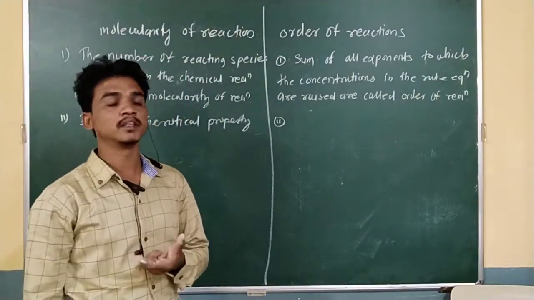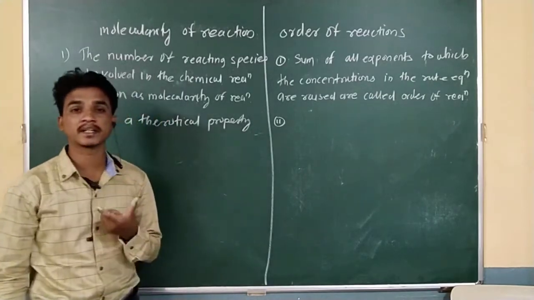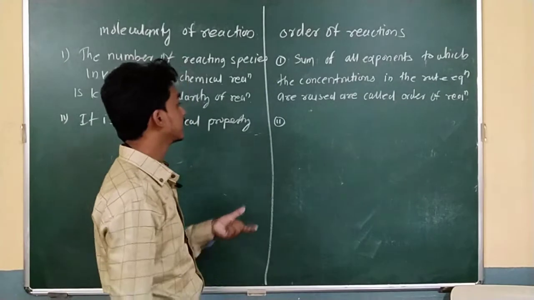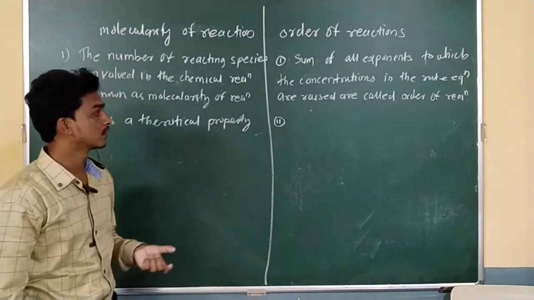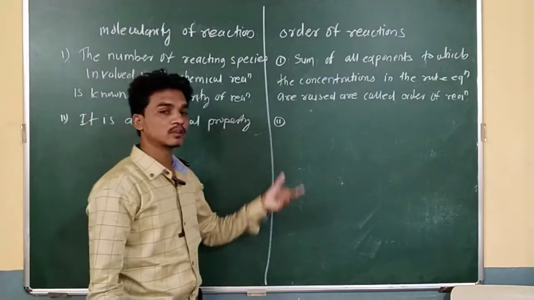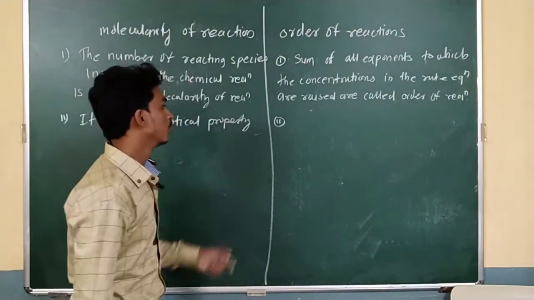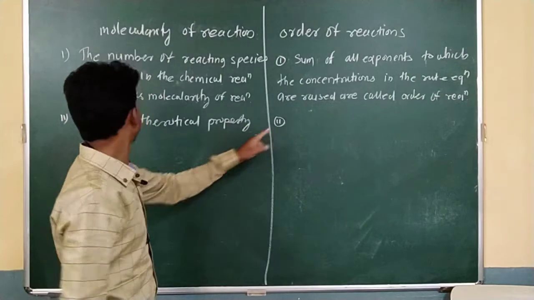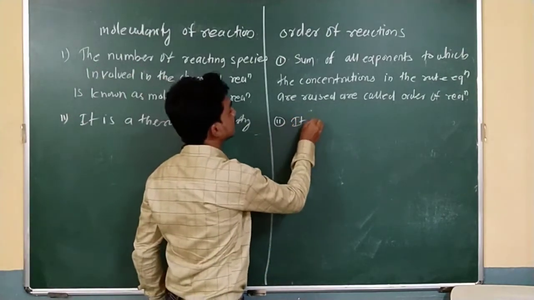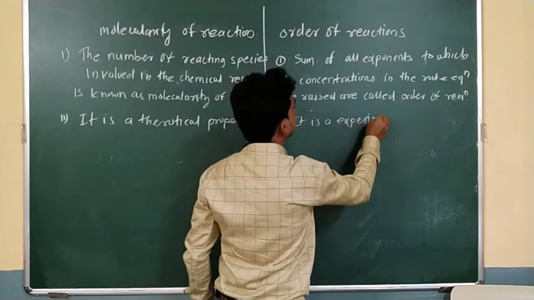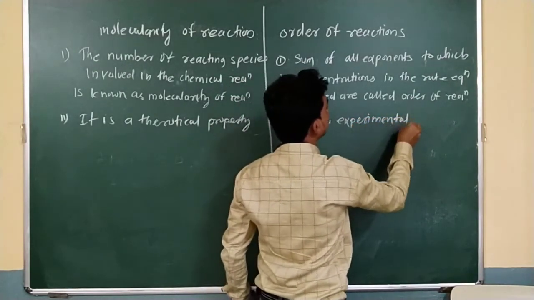You have studied this in the T.Y.B.Sc practical exam, and if you don't remember, you should see your T.Y.B.Sc practical books. So order is an experimental property.